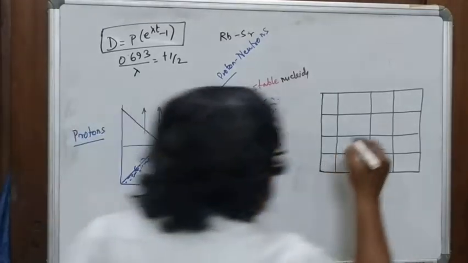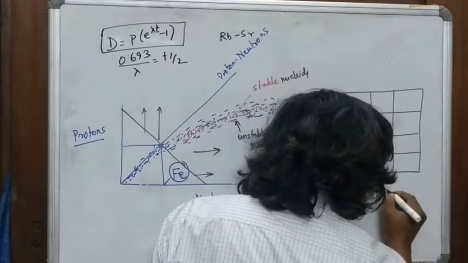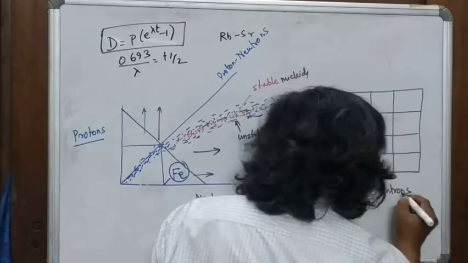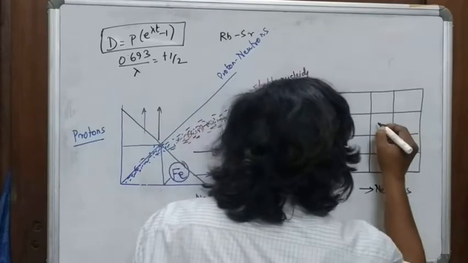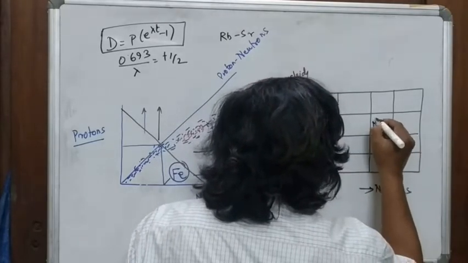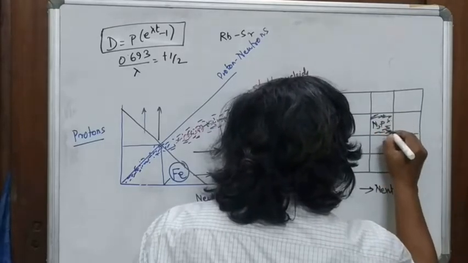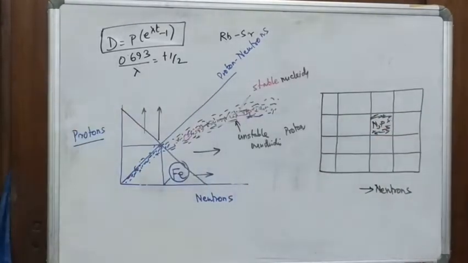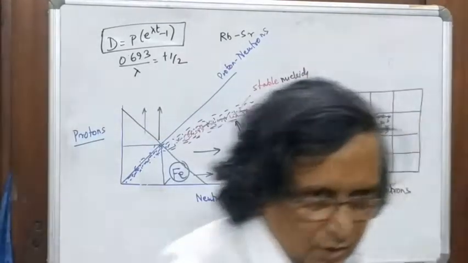Now let's say this is neutrons and this is protons. Let's say this is N and this is P, and this is the parent. Let's say you have a parent here with N number of neutrons and P number of protons.